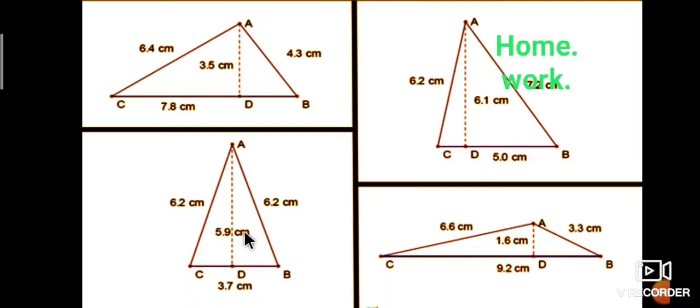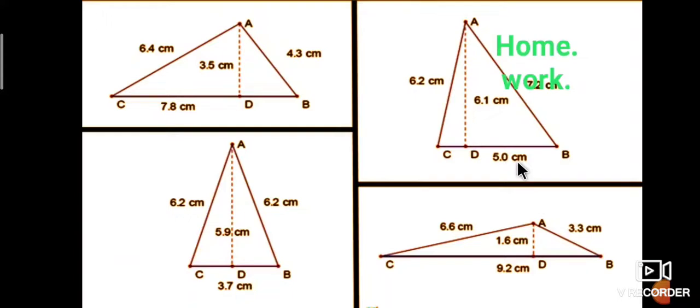You are using the formula: area of a triangle is equal to half into base into height, or base into height by 2. Using this formula, it is easy to calculate the area of a triangle. Similarly, third one, find the area of triangle ABC in which AD is height, that is equal to 6.1 centimeter, base is 5 centimeter.